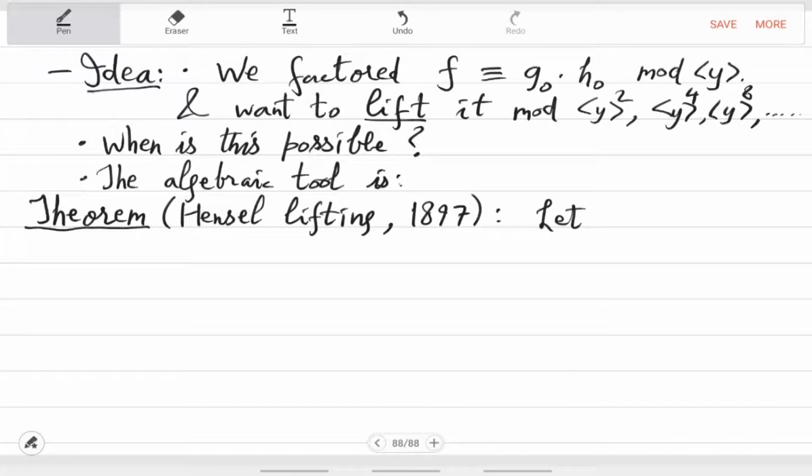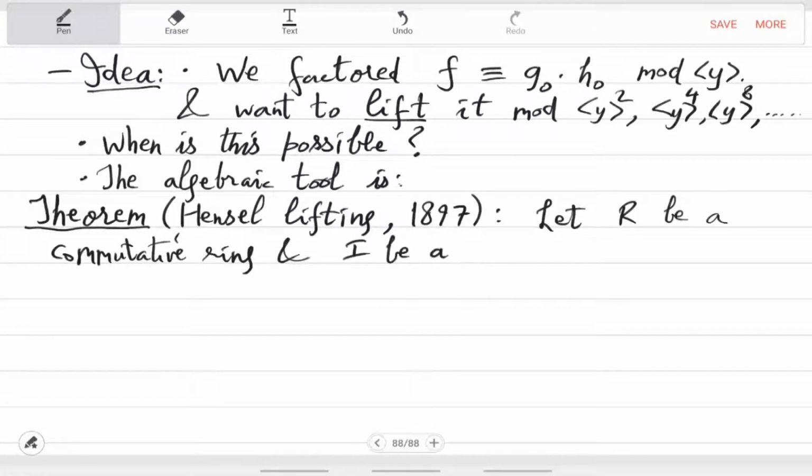So let R be, in fact, for now it's a general ring. Let R be a commutative ring, and I be an ideal. So let F, G, H be in the ring.